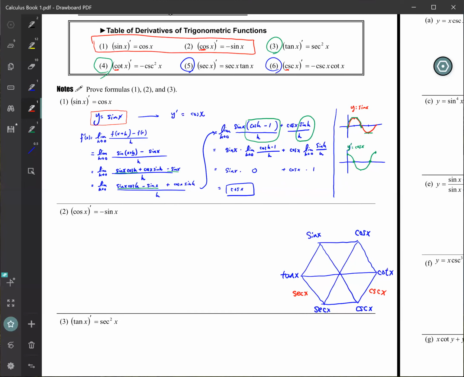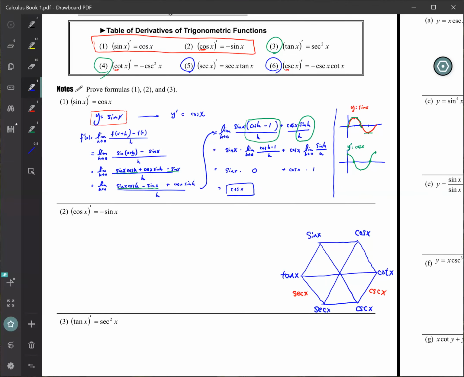Can you raise your hand if you finish drawing the hexagon? Wait, can you re-explain why we have the red ones? Yeah, I'll explain how that works. So draw it down first. There's no reason I put it there. It's just a trick to help you remember the six rules.